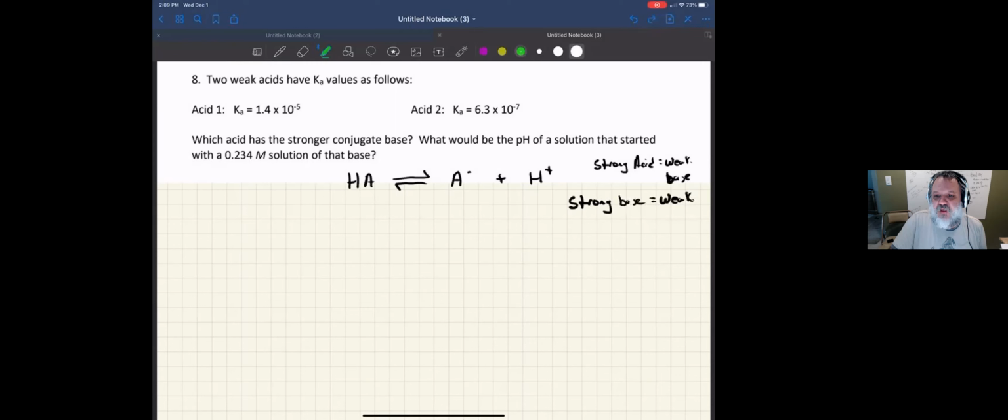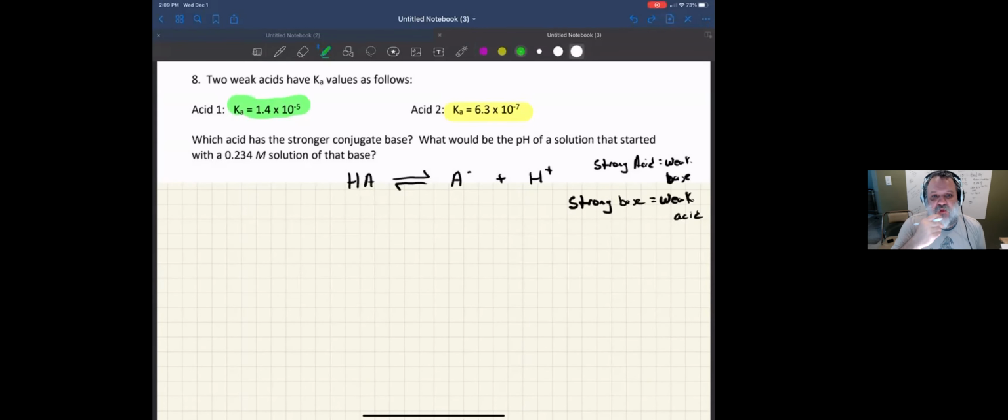The stronger the base, the weaker its conjugate acid. And so what we have to do is compare the two Ka values. And remember, the larger the Ka, the better that particular substance is at forming products, and in this case, the better it is at being an acid, donating a proton.